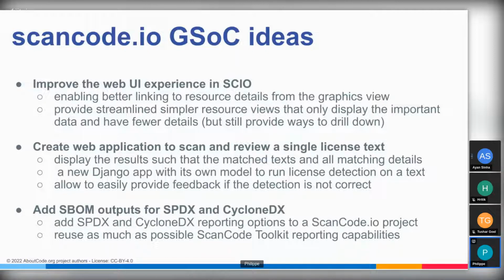This is what we call scancode.io as a service, and so this will be a new Django app, so a bit different, so it can be interfaced elsewhere also, and it will provide feedback if the detection is not correct, and it eventually will also try to fix those errors and create tools that will add those things to our knowledge base, so we get better direction the next time.